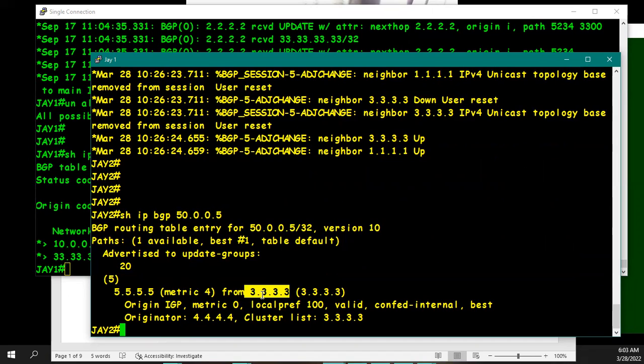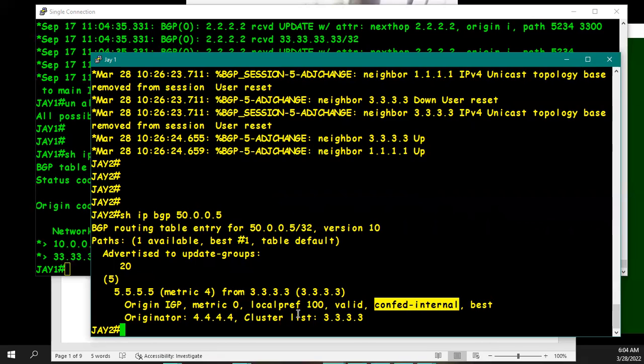But we also know that 4 was a route reflector. You can see this when you start seeing the cluster list in that routing table information. That's how you know there's a route reflector involved. Now this here is a Confederation internal.